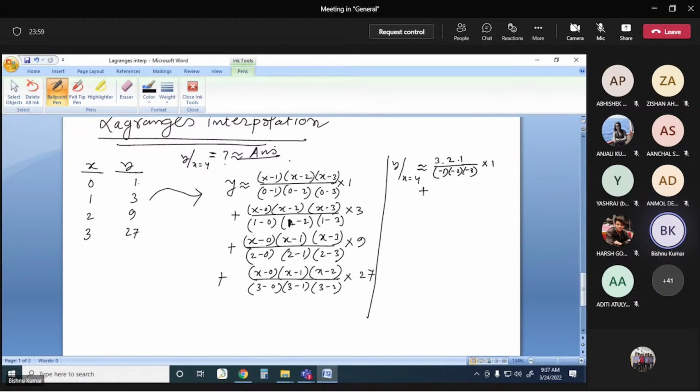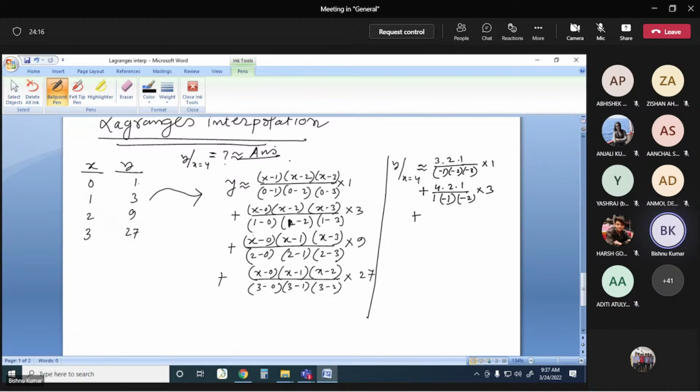What will be the second term? 4 into 2 into 1, divided by 1 into minus 1 into minus 2 into 3.